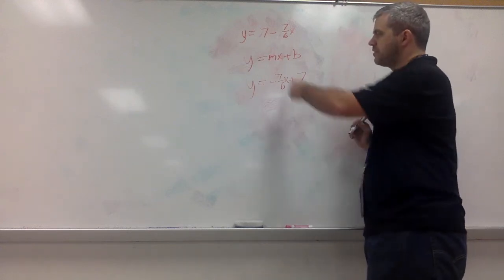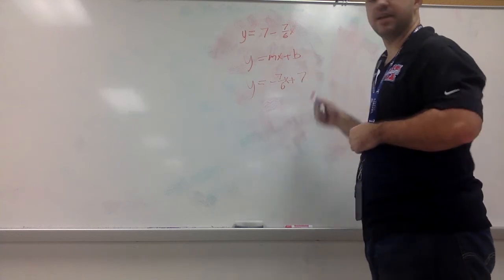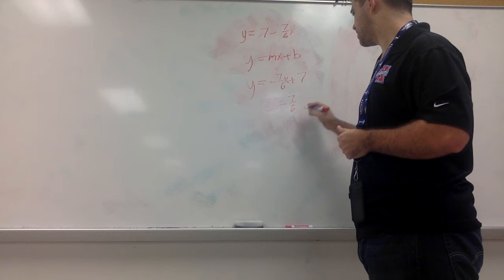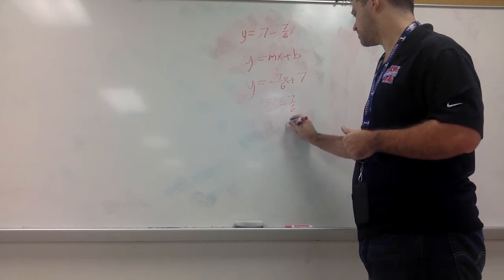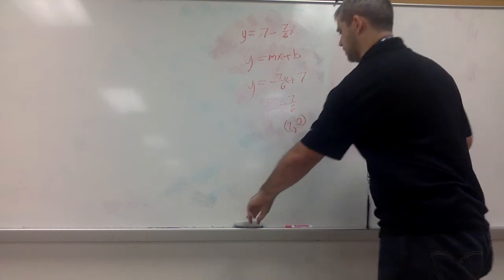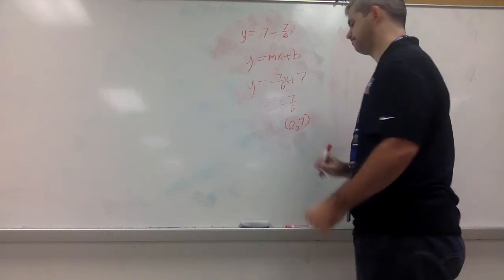So now that makes it pretty obvious. My m is negative 7 over 6, and my b is 7. So my slope is negative 7 over 6, and my y-intercept is, sorry, that's wrong, 0, 7.